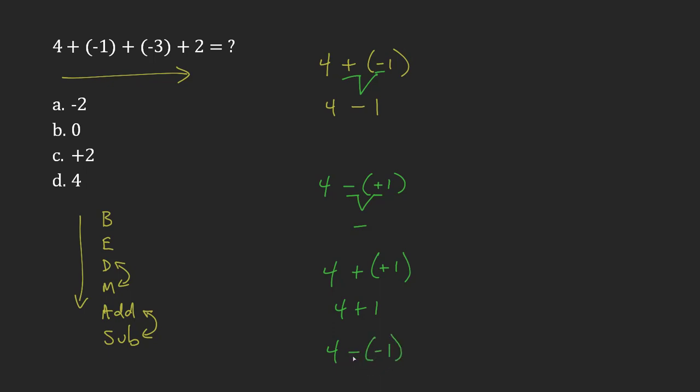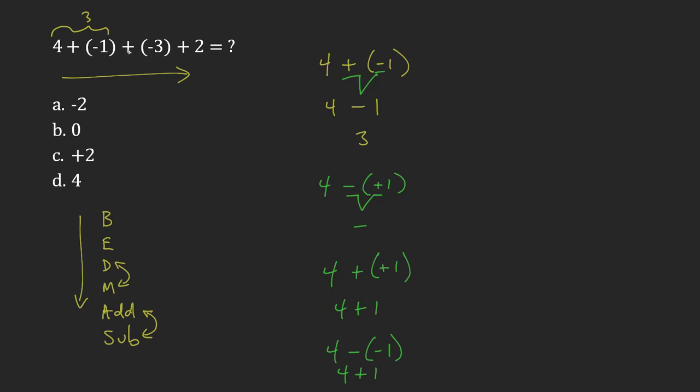If I have two signs that are the same, even though they're both negative, that becomes a positive. So we have two signs that are different. That leaves me with 4 minus 1. So that part is, let's just finish that off, that part is 3. So this part here is 3.